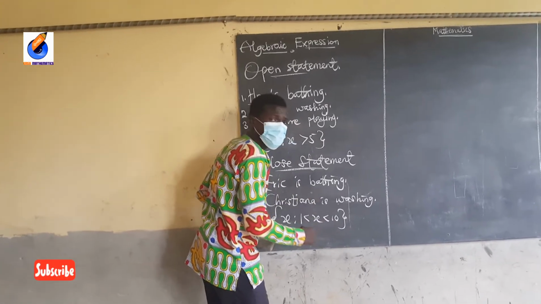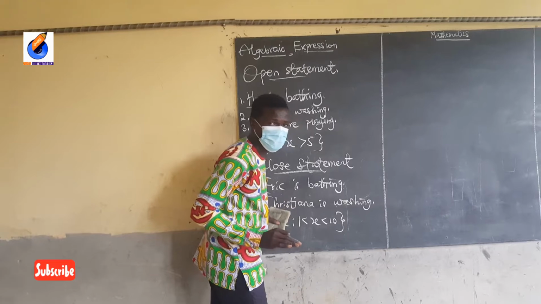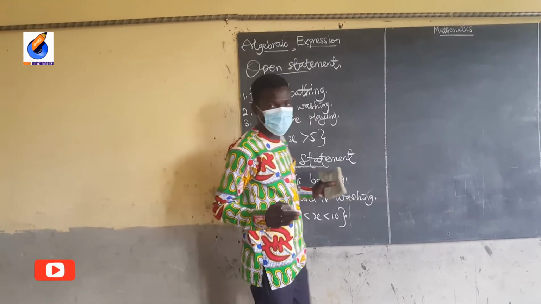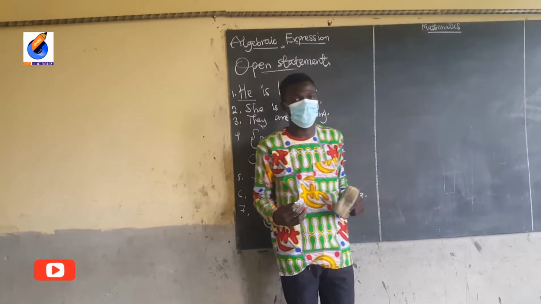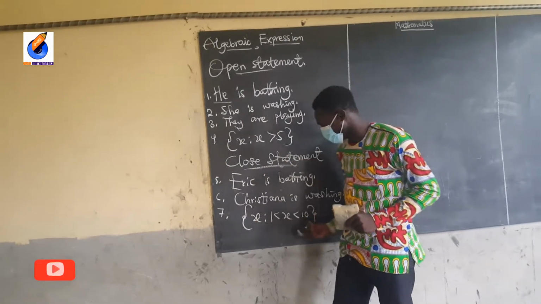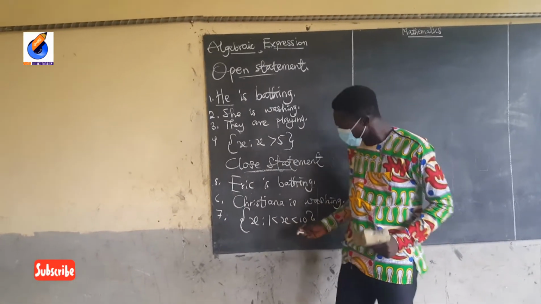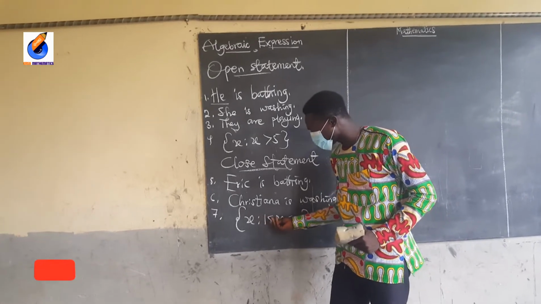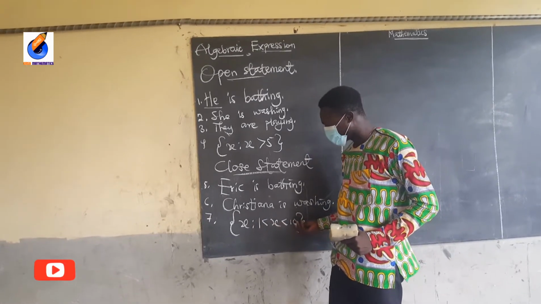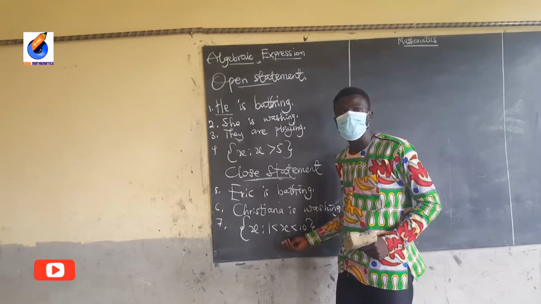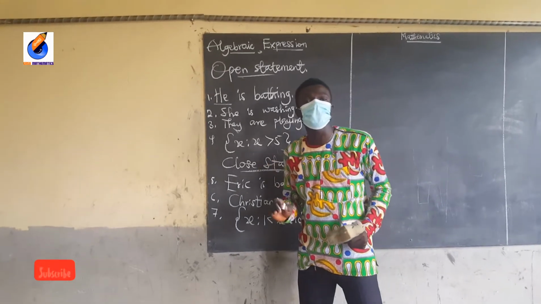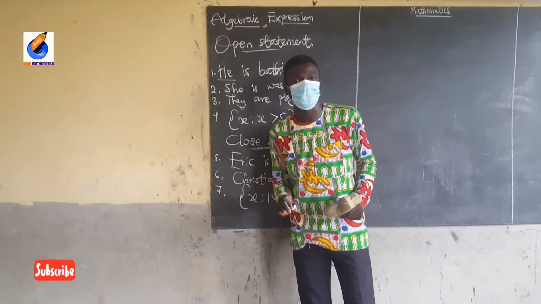So I won't represent any number with a variable. If you have been taught sets and how to list sets, this set will be listed where x is an integer, so we have 1 is less than x less than 10. In listing the members here, I will not represent any number with a variable.